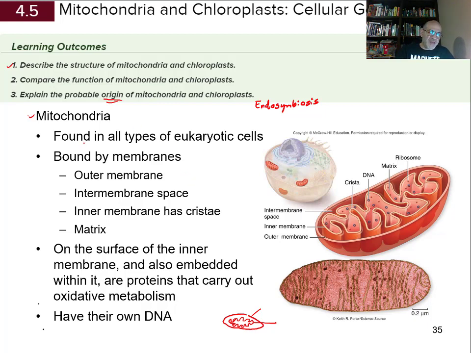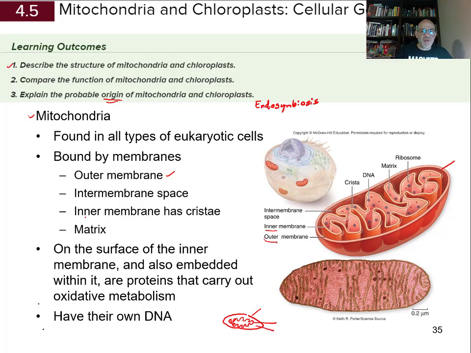So mitochondria are going to be found in all eukaryotes, and they are bounded by membranes. There's an outer membrane, which is labeled right there. There's going to be the intermembrane space, which is the space between the inner and the outer membrane. Inter means in between.